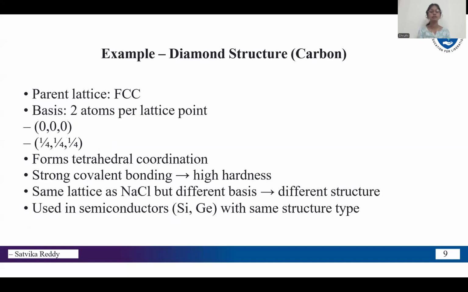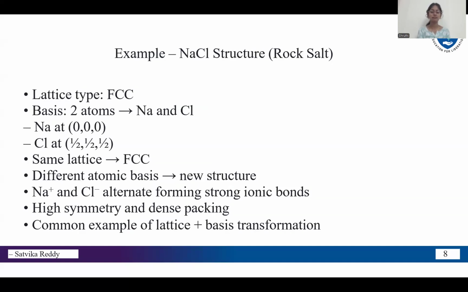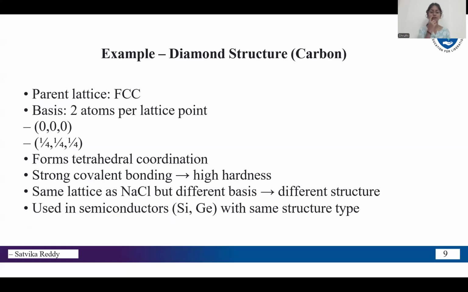Then the third example is the diamond structure, carbon. The parent lattice is FCC, with a basis of two atoms per lattice point. In the previous slide we observed NaCl, and now we are observing the structure of diamond, which contains two atoms, with the same lattice as NaCl but different positions: 0, 0, 0 and 1/4, 1/4, 1/4. It forms tetrahedral coordination, strong covalent bonding, and high hardness.